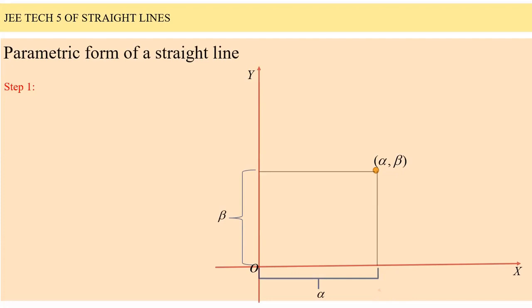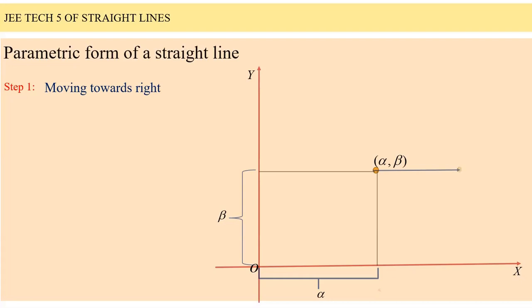Now from this point alpha comma beta in the plane, if we move towards right, left, up or down, how the coordinates will change is what we want to learn in this step 1. For example, from alpha comma beta, suppose we want to move towards the right by a small distance a. When moving horizontally, the y coordinate will not change, only the x coordinate will change.